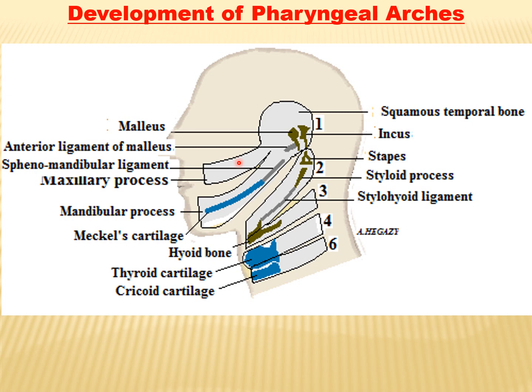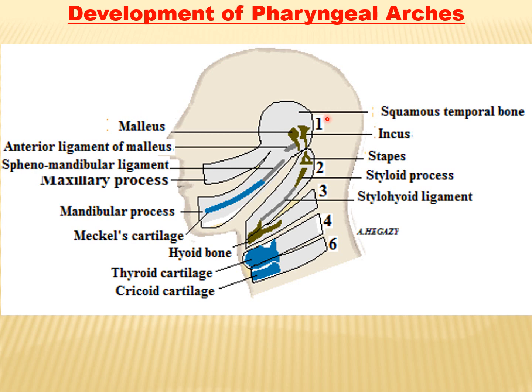So the skeletal derivatives of the first pharyngeal arch are represented here by the maxilla, below it the palatine bone, then the mandible, and mention the Meckel's cartilage, then the squamous part of the temporal bone, then the first two ossicles of the middle ear, named malleus and incus.